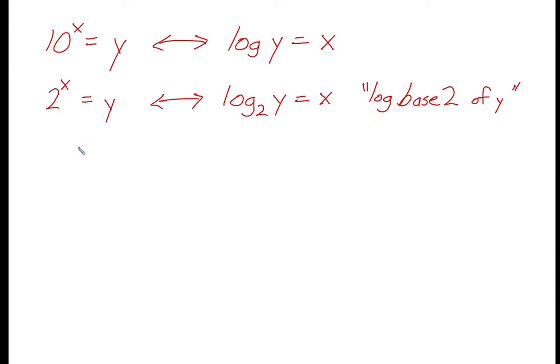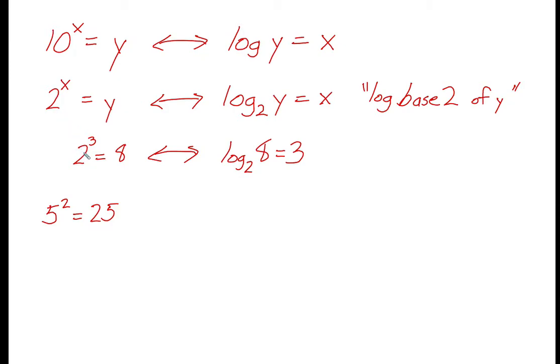So let's see how this works. 2 to the third equals 8. That's exactly the same as writing the log base 2 of 8 equals 3. And we should recognize that this little 2 down here is a subscript underneath logarithm. It's log and then a little 2 as a subscript, and the 8 is on the same level as the word log. Well, what about something like 5 to the second equals 25?